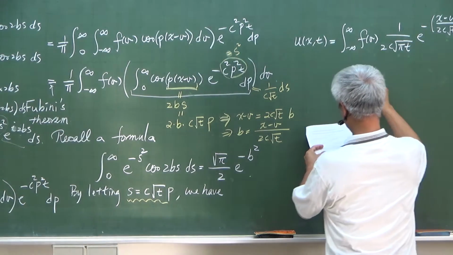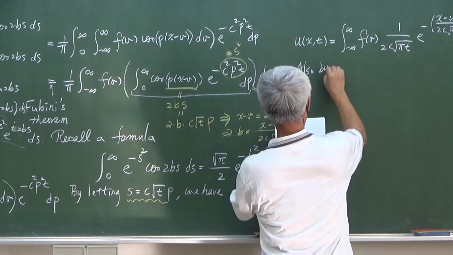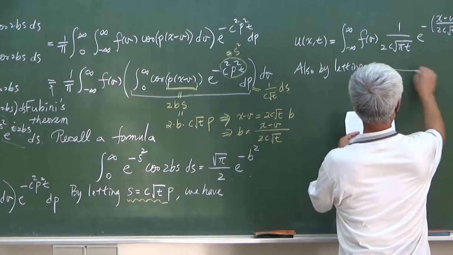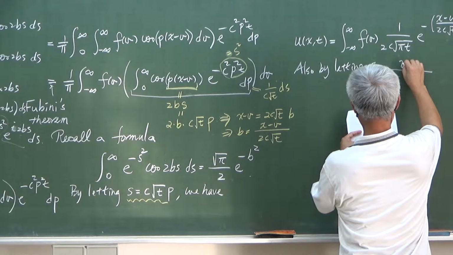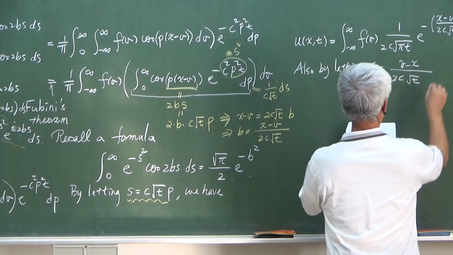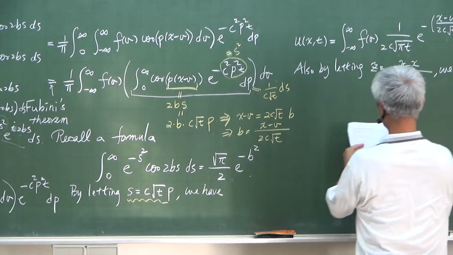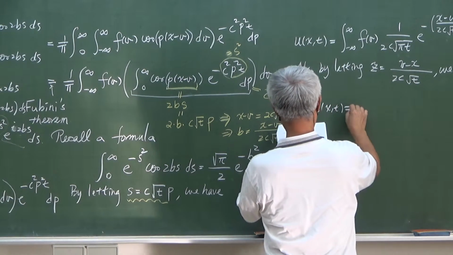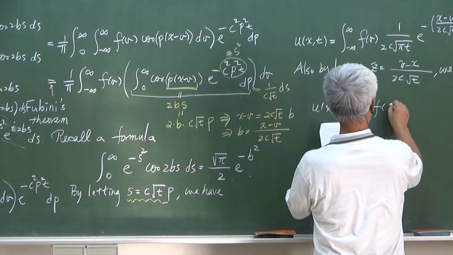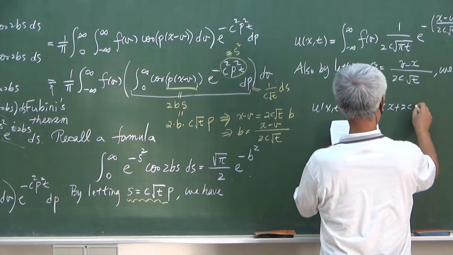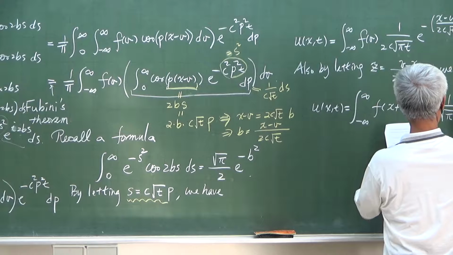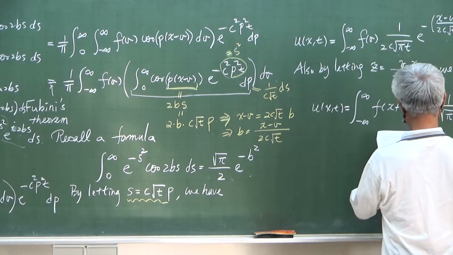Okay. Also, by relating z equal to v minus x over 2c squared t, we have u(x,t) equal to the integral of f(x plus 2c z square root of t) times 1 over square root of pi e to the minus z square dz.